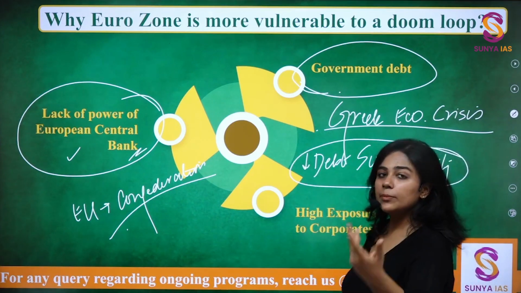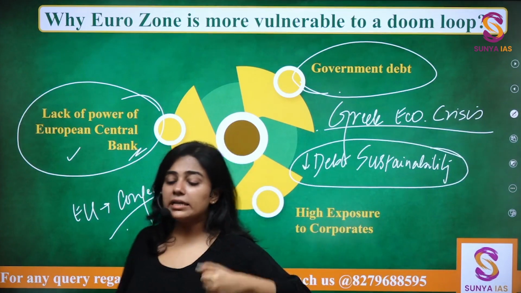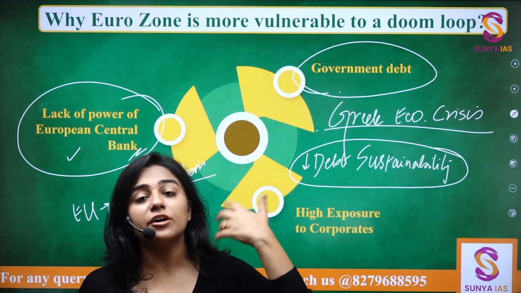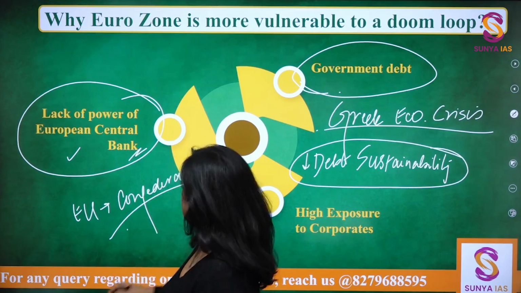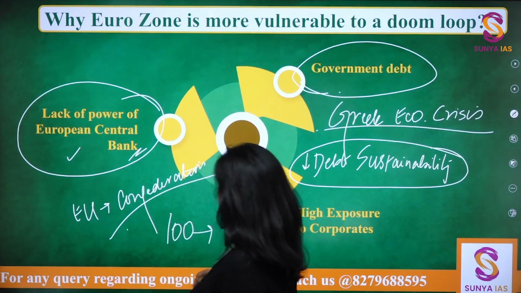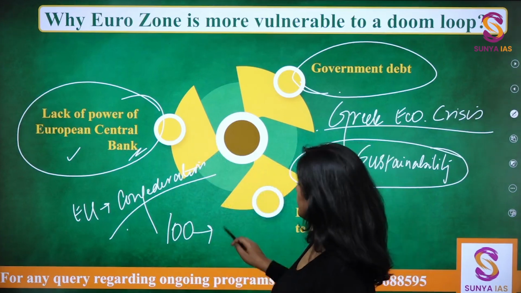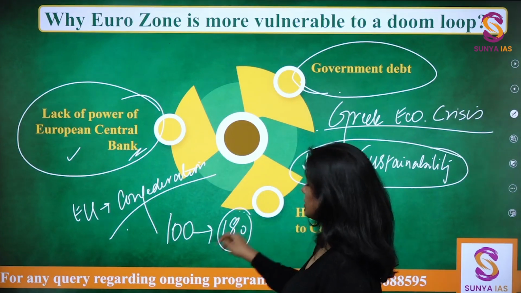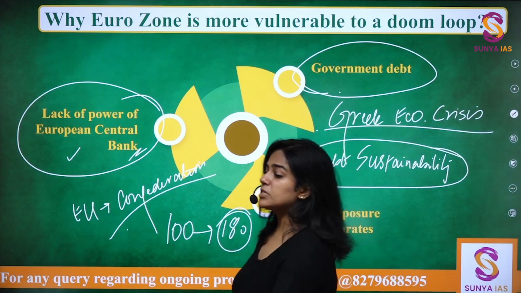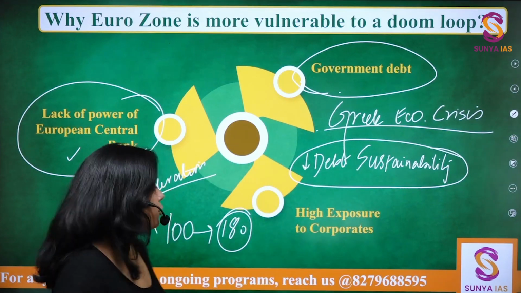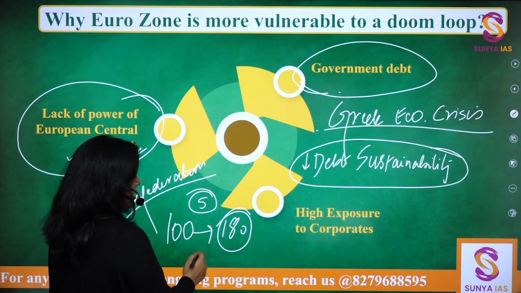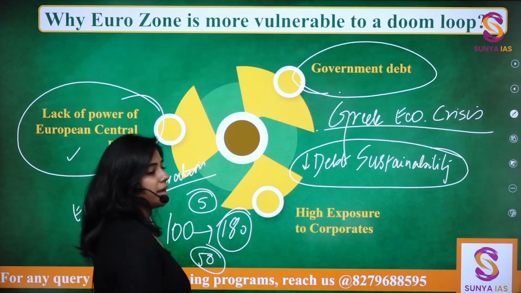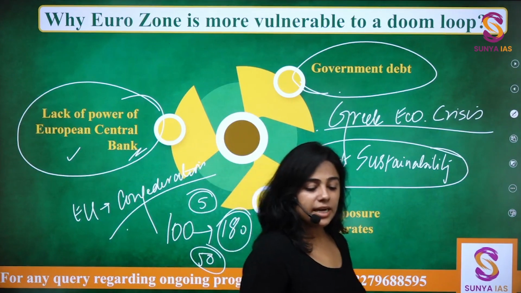Debt sustainability decreases when the government's ability to service the debt decreases. You have taken 100 rupees of loan, and after 10 years you have to give back 180 rupees. Now, at the end of 10 years, or let's say at the end of 5 years, the government doesn't even have 50 rupees to give back. Are you understanding?